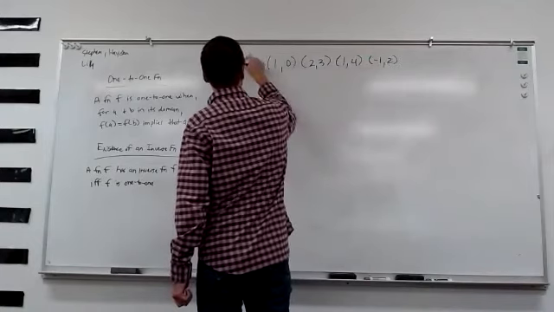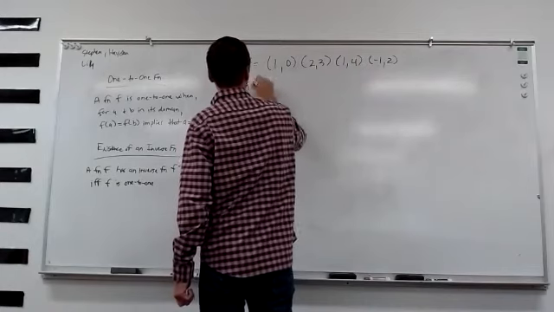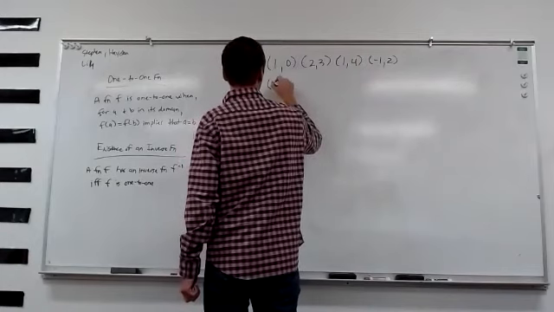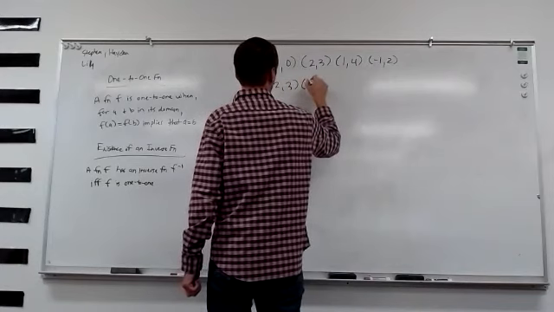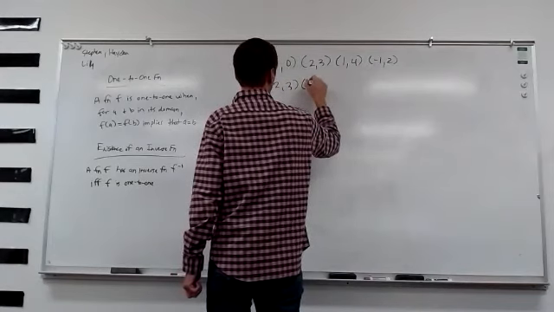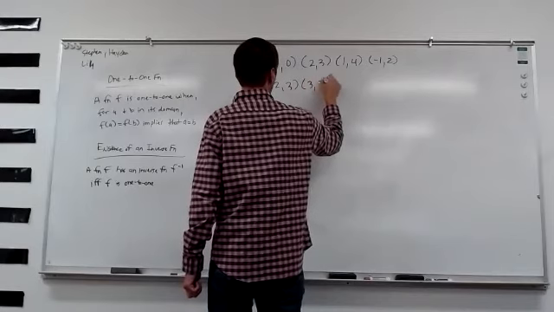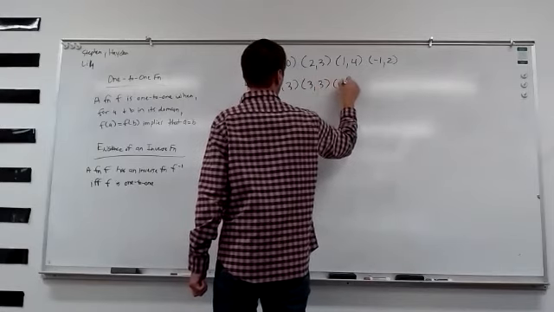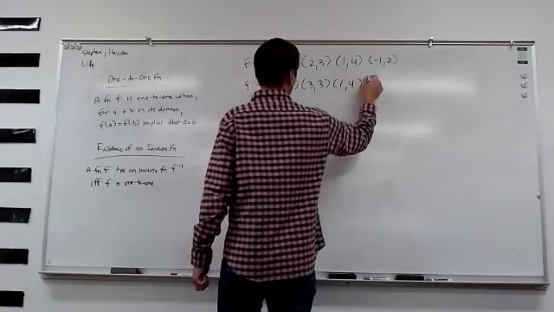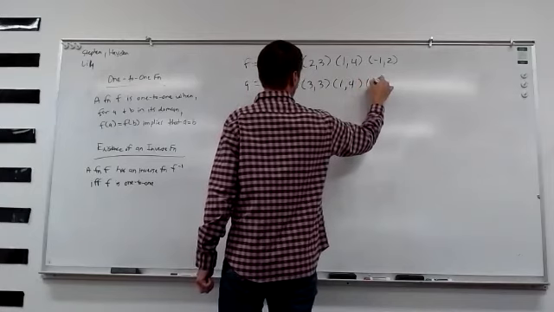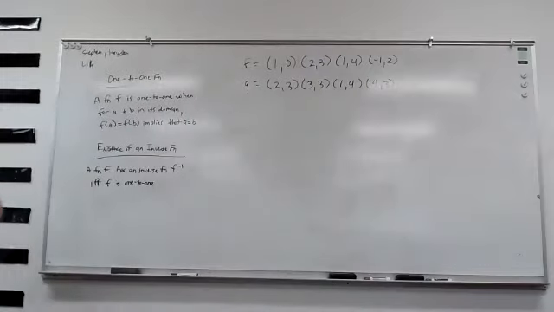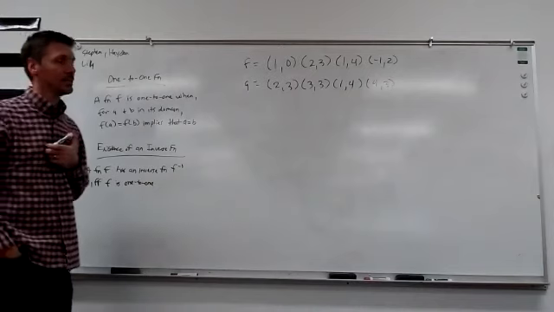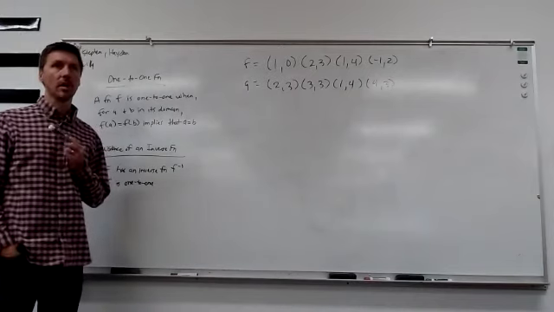So here's function f, and here's function g. One of these is actually a function and the other one is not. Which one is not a function, top or bottom?